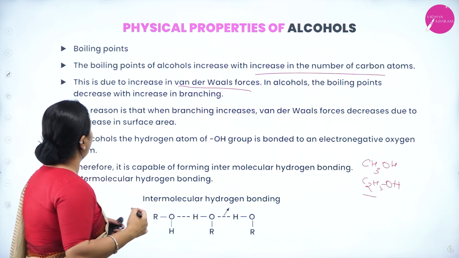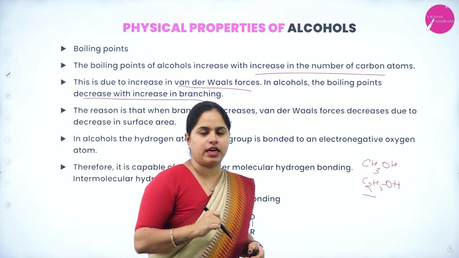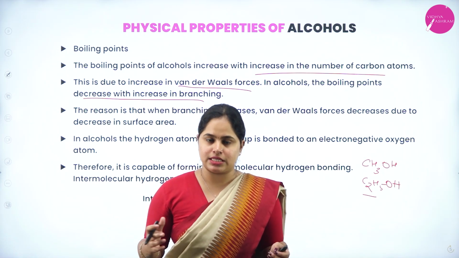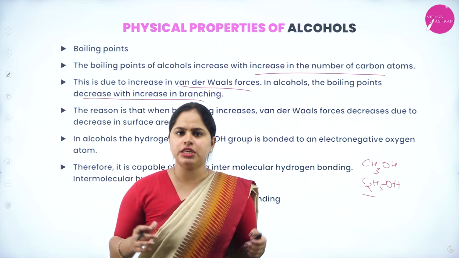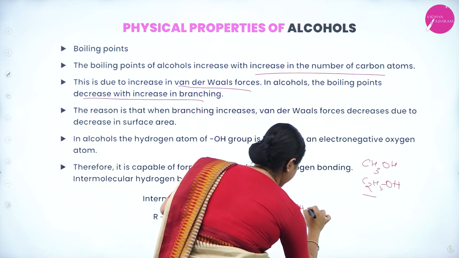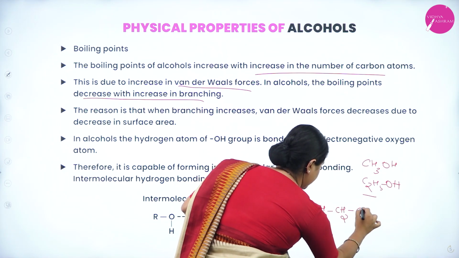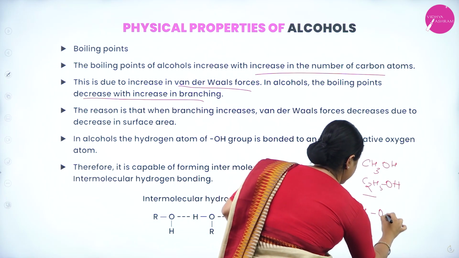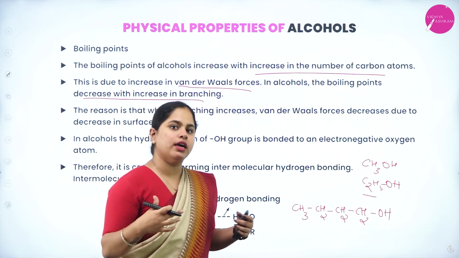In alcohols, the boiling point decreases with an increase in branching. Even this we have discussed in the last chapter. So when the branching increases, what happens to the boiling point? The boiling point decreases. Now, what does increased branching mean? Let's take the example of butanol: CH3, CH2, CH2, CH2, OH. This is the normal structure of butanol. Now I am going to write an isomer of this.